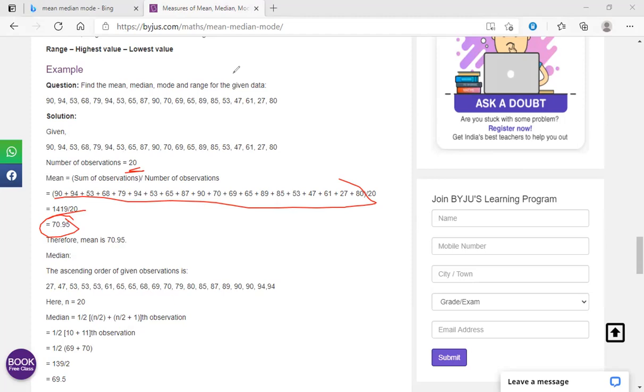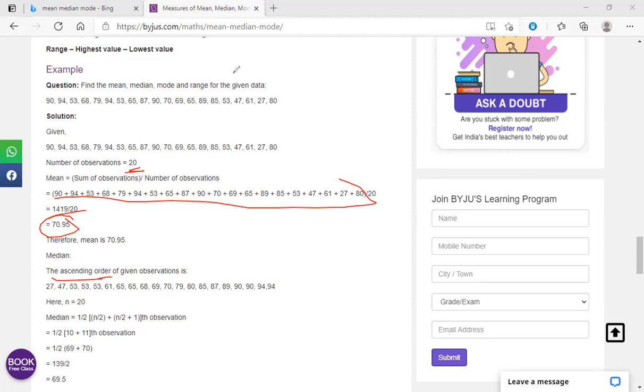For finding the median, first we arrange the data in ascending order. Asna, are you there? So we have arranged the data into ascending order of the given observations.